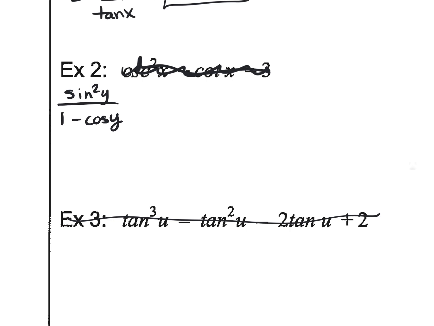Anytime you see a squared term, you should be thinking Pythagorean identities. Replace sine squared with what? It would be negative cosine squared plus 1, or 1 minus cosine squared. All right, so this becomes 1 minus. Now, 1 minus cosine squared, you cannot just pull 1 minus cosine out of it. That is the difference of two squares, isn't it? So how do I rewrite 1 minus cosine squared that will help me?